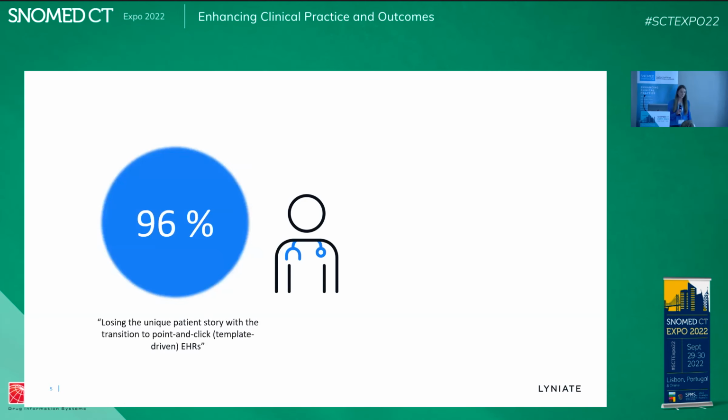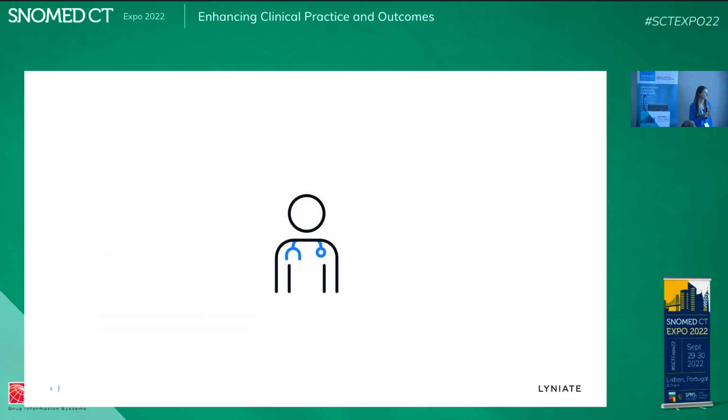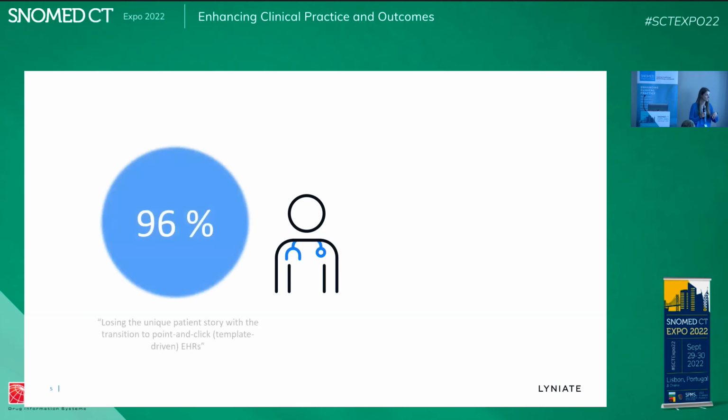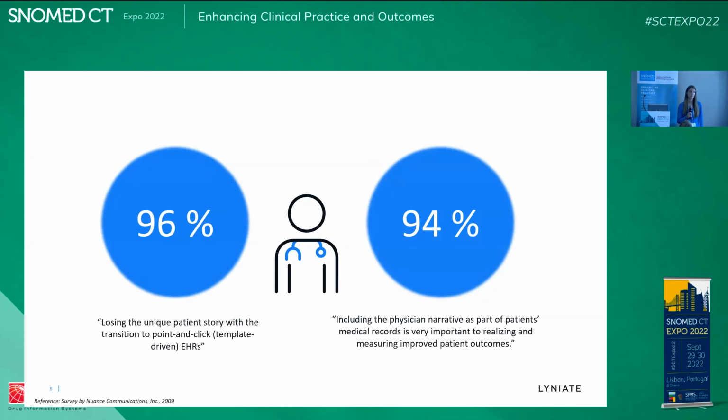But why do we keep collecting this kind of data? As we know, it's hard to share and hard to reuse. The reality is this kind of data is very important for care delivery. There was a survey in 2009 that showed that all the physicians in this survey had a concern around losing the unique patient story with the transition to point-and-click, template-driven EHRs.